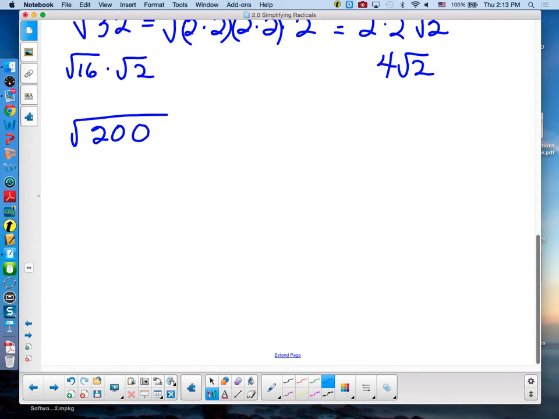You put the square root of this whole thing. Okay, so now the pairs can come out. So this can come out as a 2.